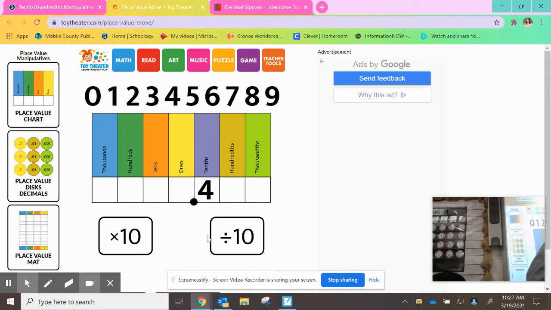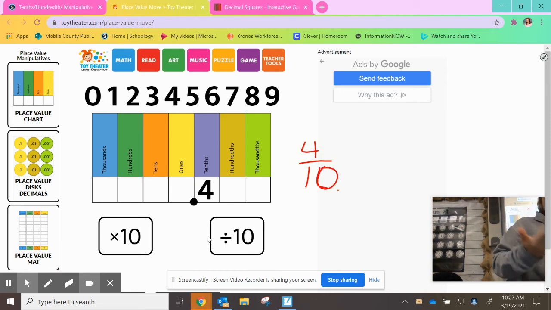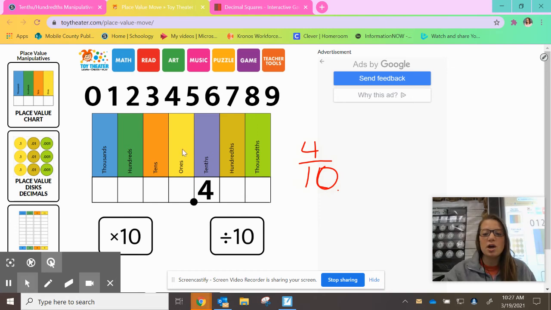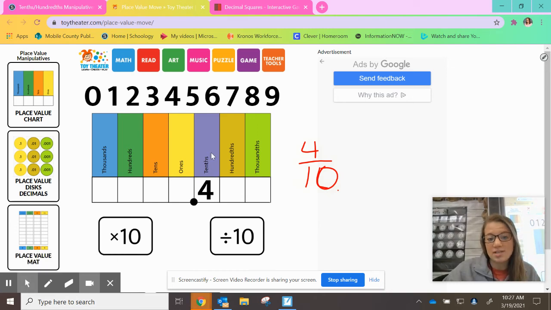So students already know about fractions. Students already know 4 tenths. So they're able to understand that this 4 tenths in decimal form is the same as 4 tenths in fractions. And we also discussed how this decimal point separates the whole numbers from the fractional parts.